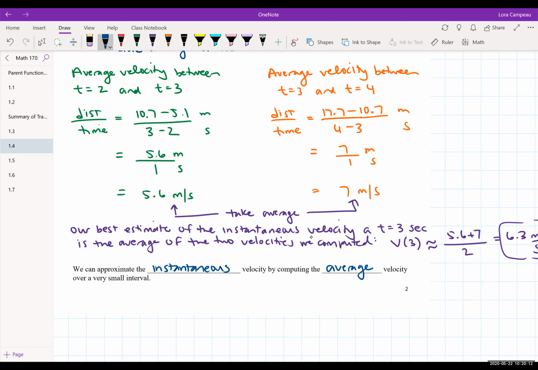And a little note to keep in mind is that if we're talking about instantaneous, a lot of times people like to refer to this as the slope of the tangent line. And when we're talking about average velocity, we can generalize this to the slope of the secant line.